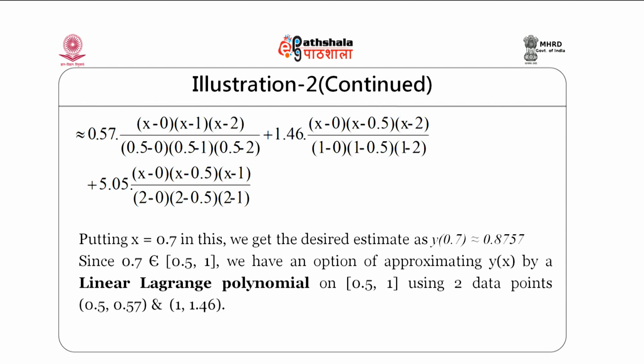Since 0.7 belongs to 0.5 to 1 also, we have an option of approximating y(x) by a linear Lagrange polynomial on 0.5 to 1 using two data points, 0.5 comma 0.57 and 1 comma 1.46.